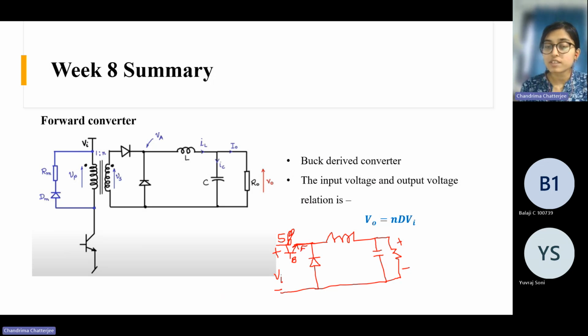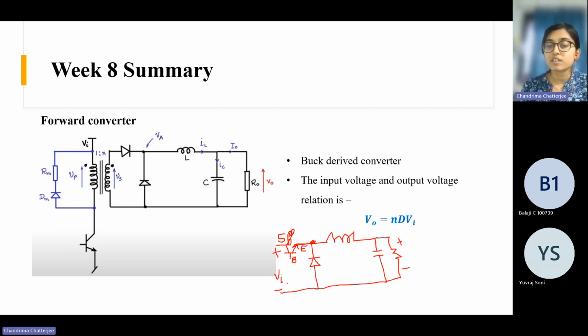It is always advised that you don't keep this terminal floating. For a BJT, the emitter terminal, or for a MOSFET, the source terminal, it would be better if you keep it clamped to the ground, so that the gate driver design will be easier.